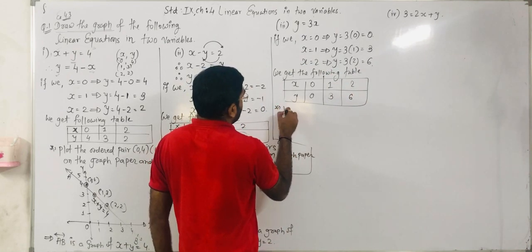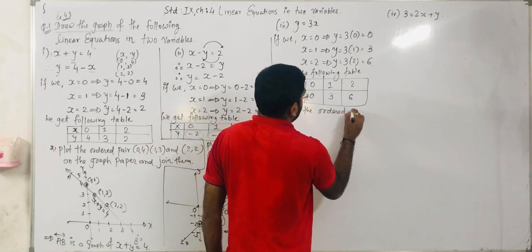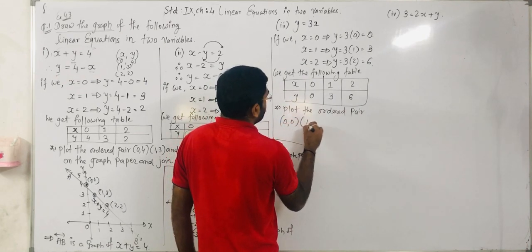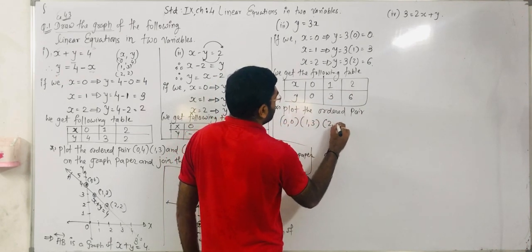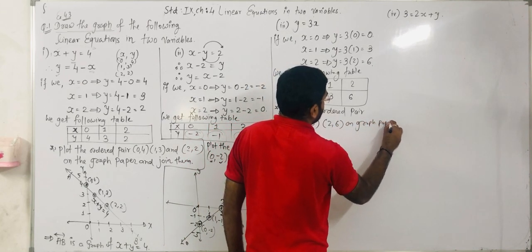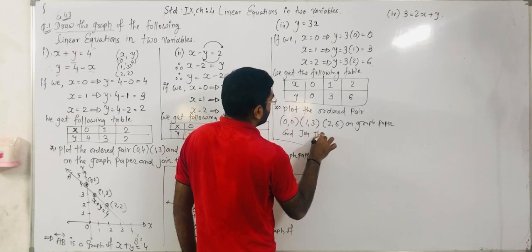So we have to plot the ordered pairs. Which ones? 0 0, 1 3, and 2 6 on graph paper, and join them. Right?